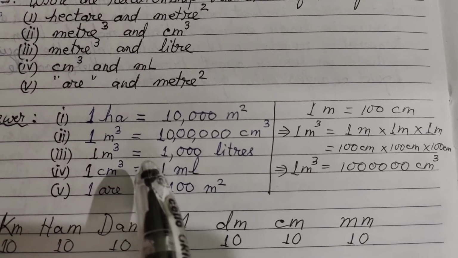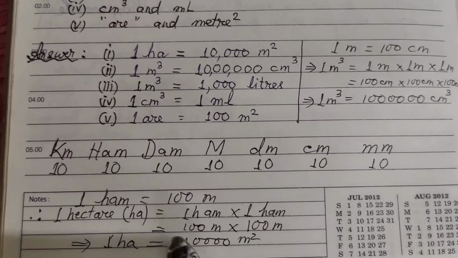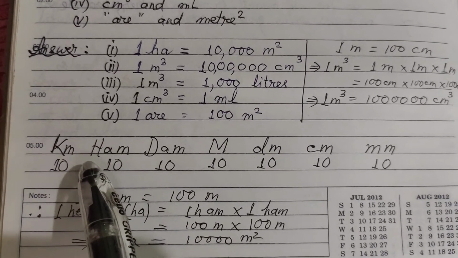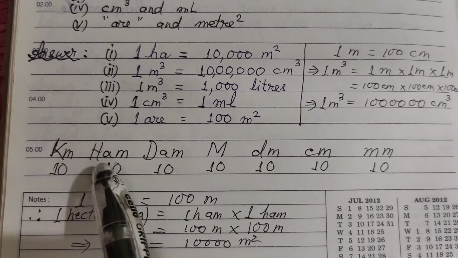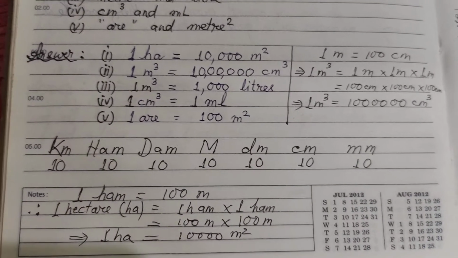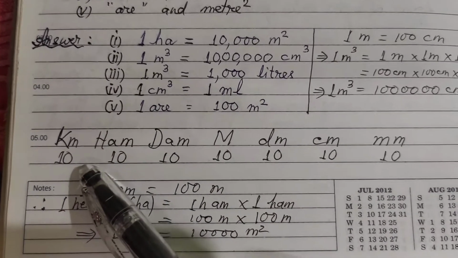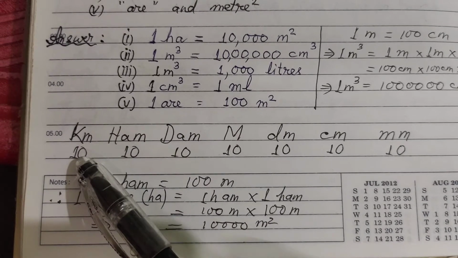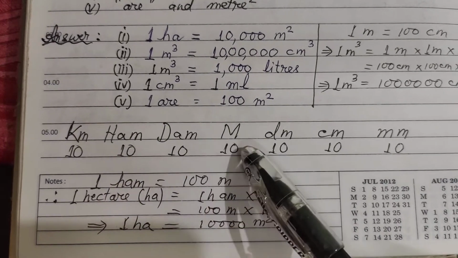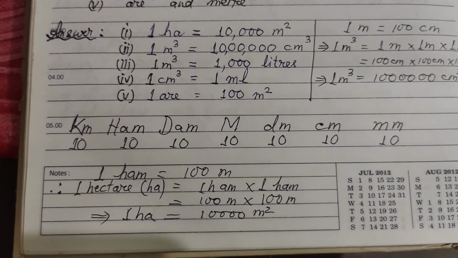So listen. What does 1 hectare mean? Before we know hectare, we should know the units of distance: kilometer, hectometer, decameter, meter, decimeter, centimeter, millimeter. I think you have learned this in elementary school as the basics of units of distance. With each unit I am associating 10: below kilometer 10, hectometer 10, decameter, meter, decimeter, centimeter, millimeter, 10 for each of them.